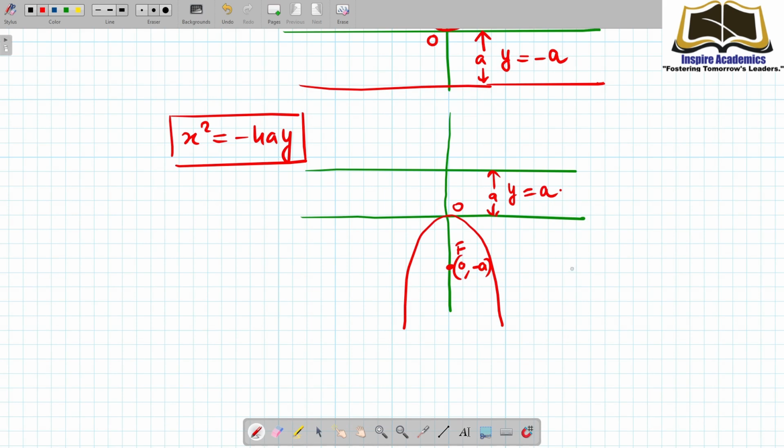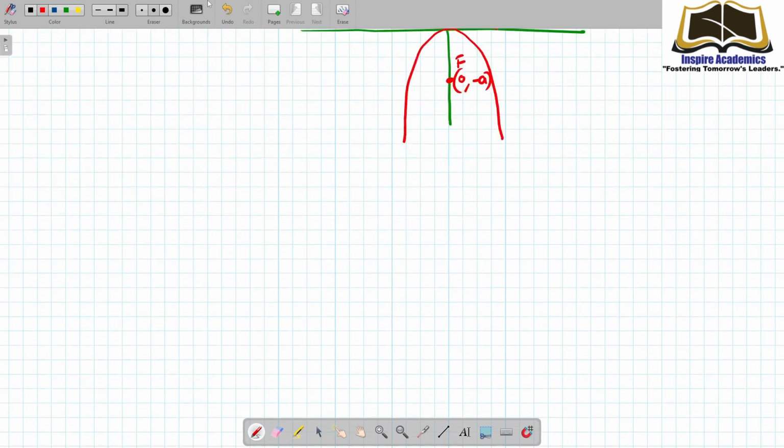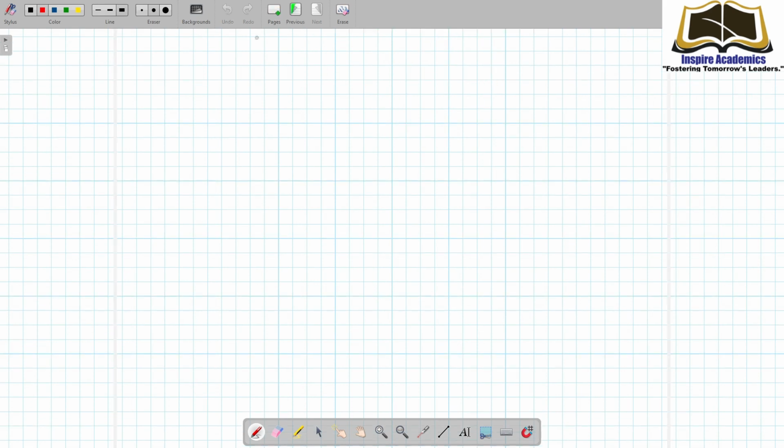Let us understand now what is called latus rectum.